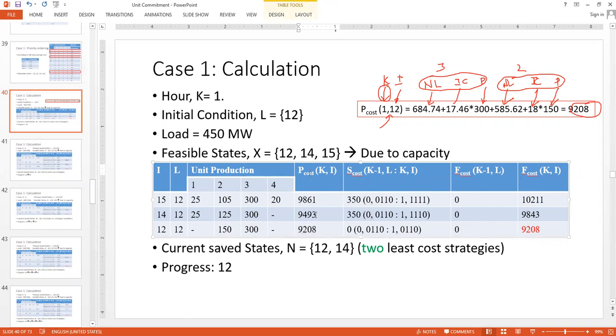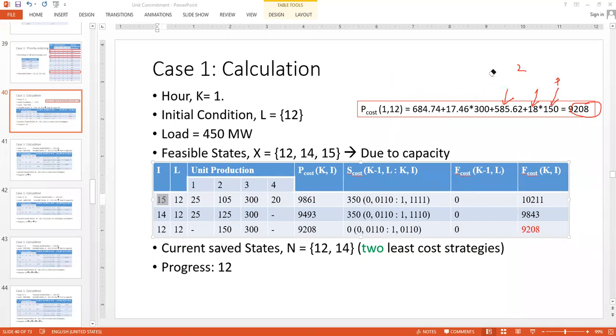Similarly, we can calculate for 14 as well as for 15. But how are we choosing the unit production for states 14 and 15? Let's have a look at those values first. A similar technique will be followed here. Let's pick number 14.